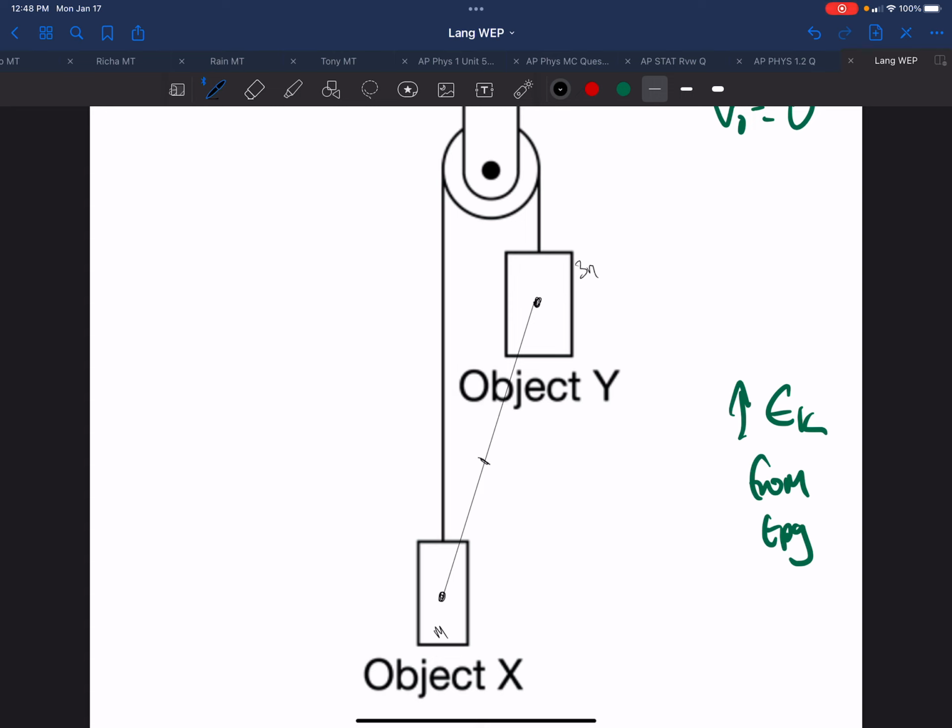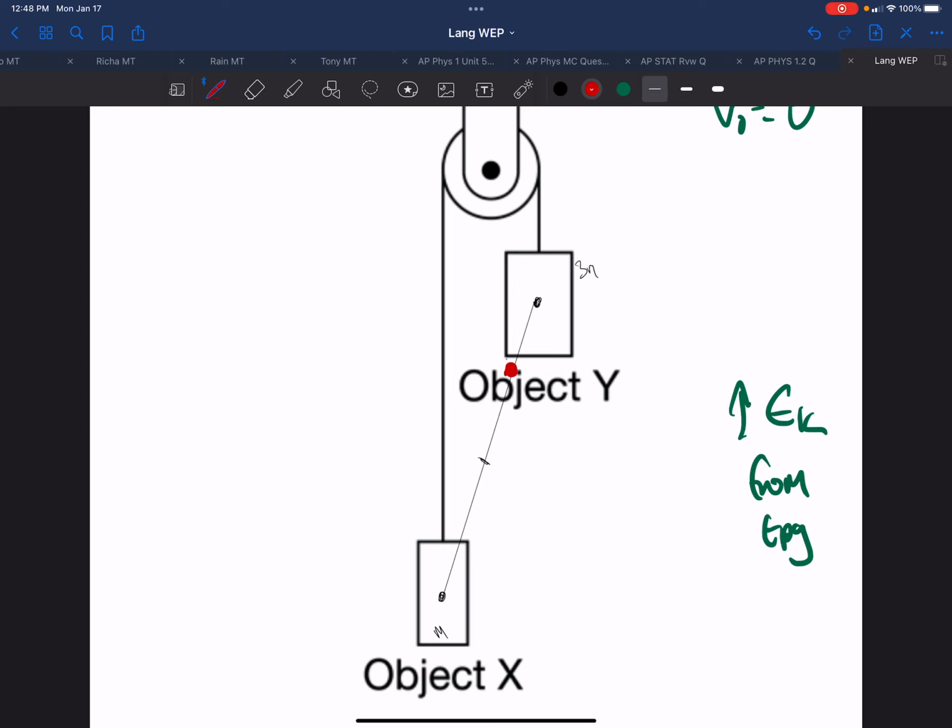This would be the midpoint. So if they were equal in mass, that's where the center of mass would be. But since this system has a total mass of 4m, 3m plus m, the center of mass would be 3/4 of the way closer to the larger object. So this is where the center of mass would be.